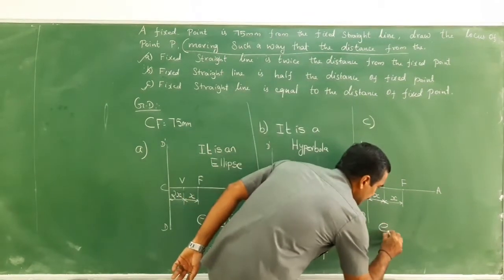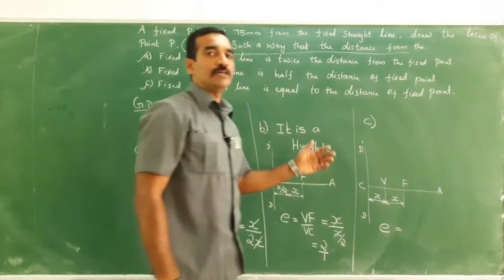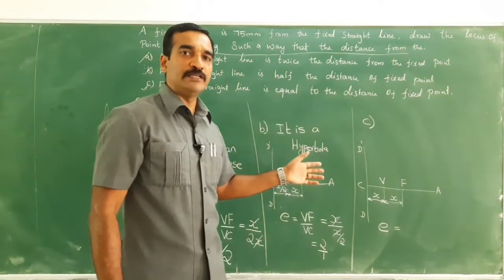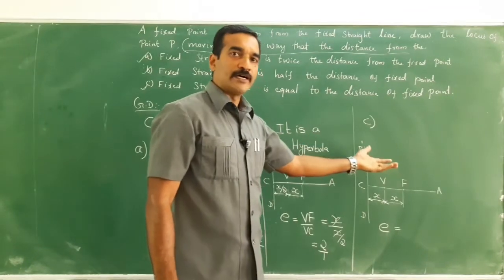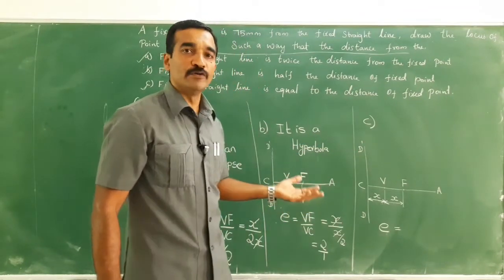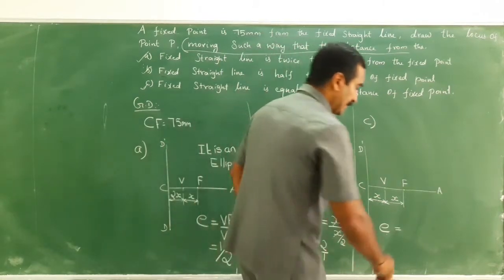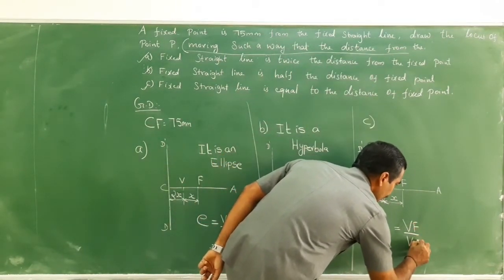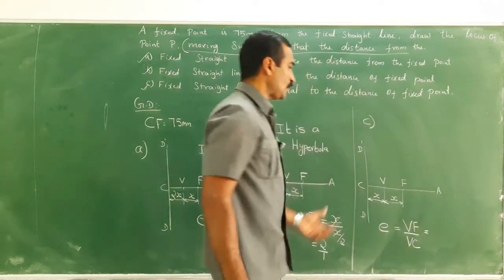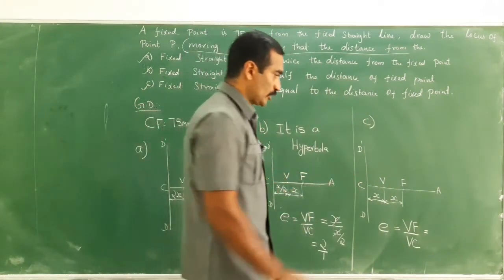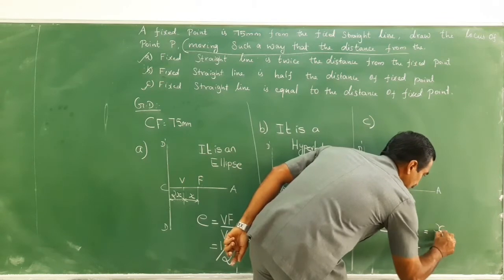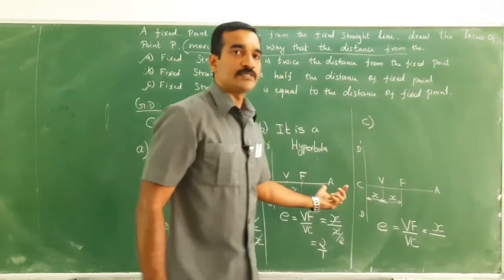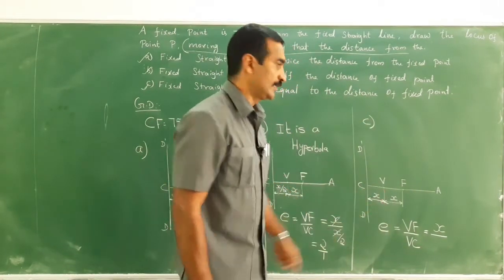What does eccentricity say? Distance of the moving point from the focus to the distance of the moving point from the directrix, which is nothing but Vf by Vc. What is the distance of Vf, which is x. The distance between V and C is x.